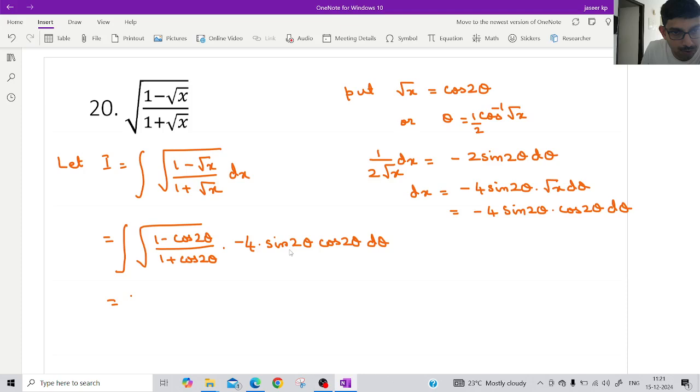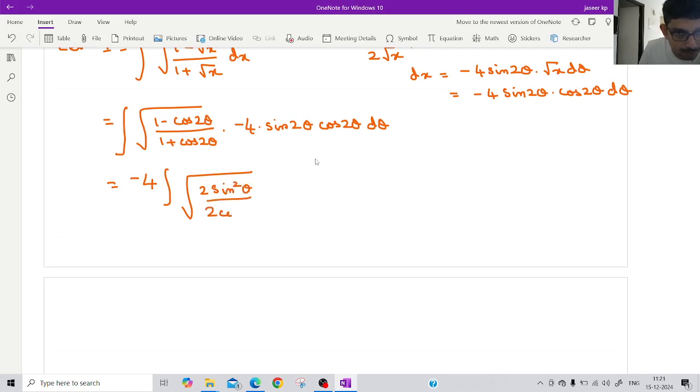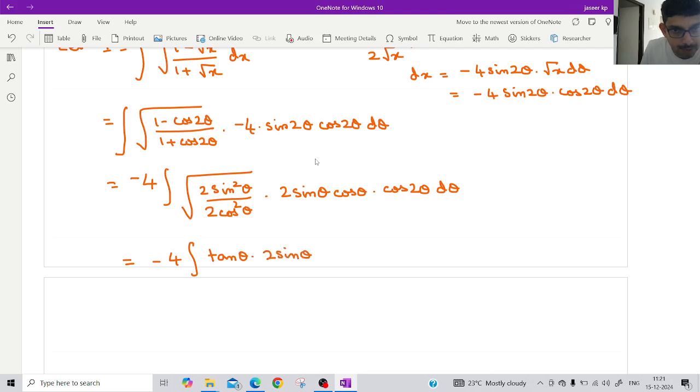So minus 4 can be taken out, and 1 minus cos 2 theta is 2 sine square theta divided by 2 cos square theta, then sine 2 theta is 2 sine theta cos theta into cos 2 theta d theta. So that is minus 4. This will simplify to tan theta into 2 sin theta cos theta.